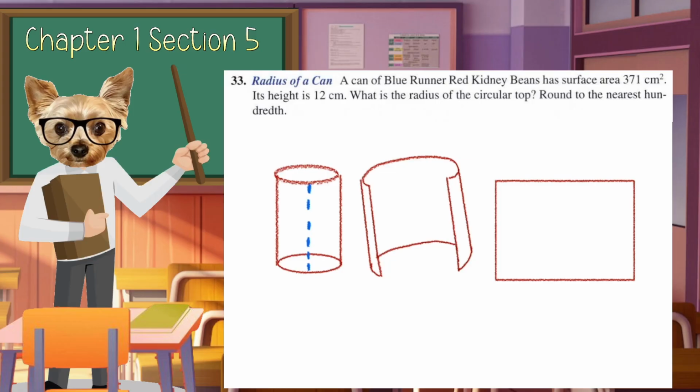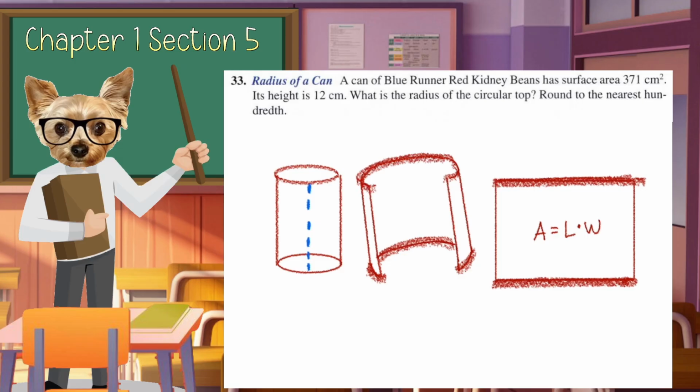The area of a rectangle is length times width or base times height. Now the width, if I use this to be the width, well, that is this, right? That is that over there.